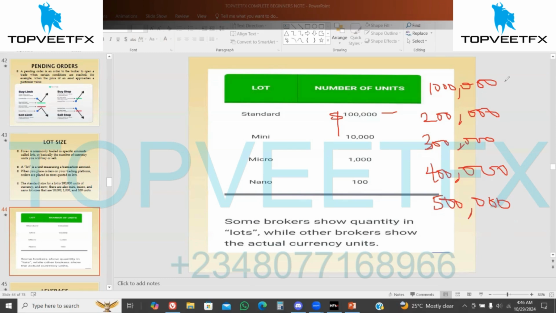Now look at it. For this, you have to use 10. That is what we call standard lot size. For this, you are supposed to use 20 lot size. If you have this type of capital, then you can fill in this yourself as an assignment. So let me answer this. This will be 50 lot size.